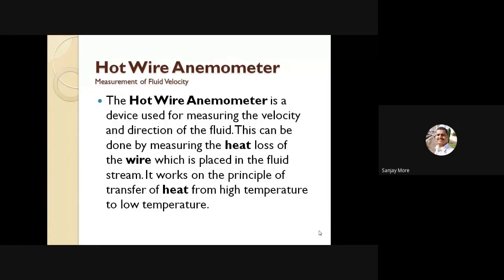Write down: it is a device used to measure the velocity and direction of fluid.